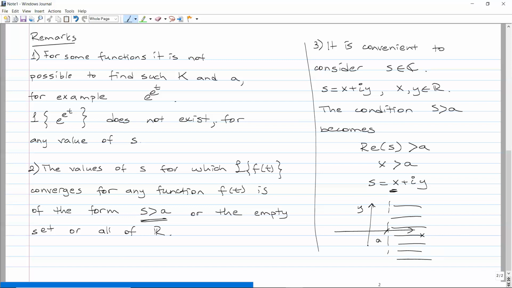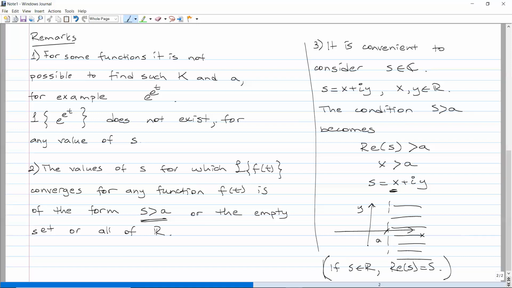Don't let it confuse you. If you get too confused, you can consider s as a real number. If s is a real number, the real part of s is just the number s itself. So if you become confused, instead of real part of s, you can just put s itself. Consider it as a real number.